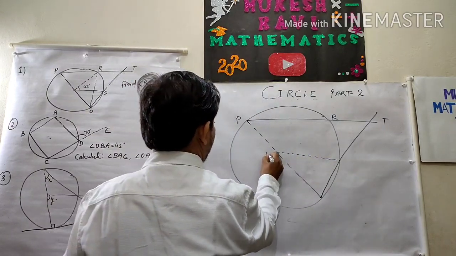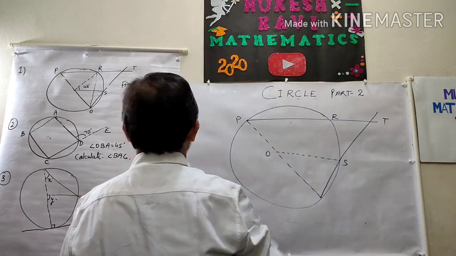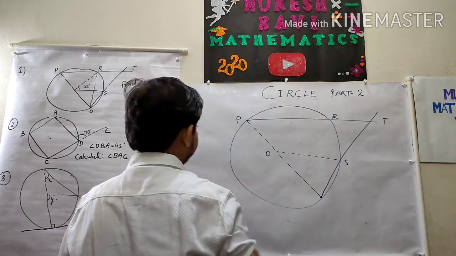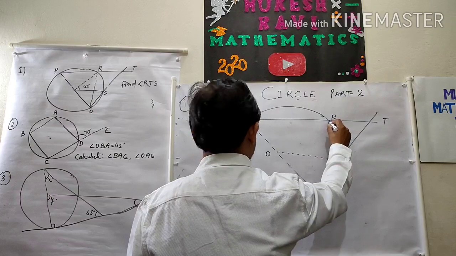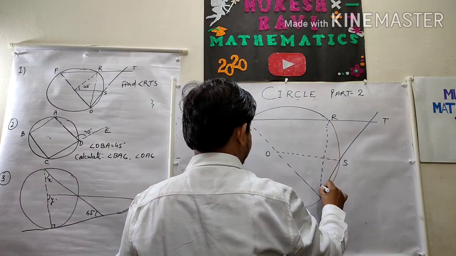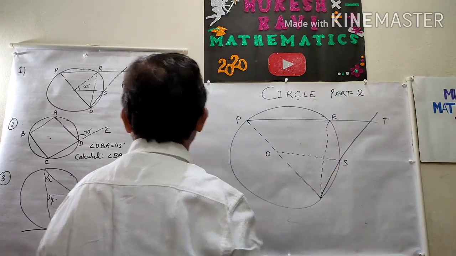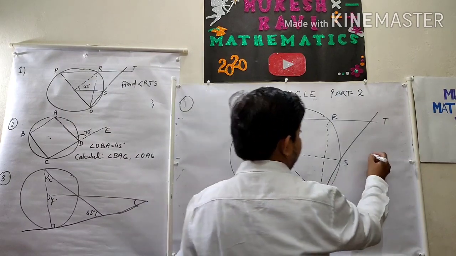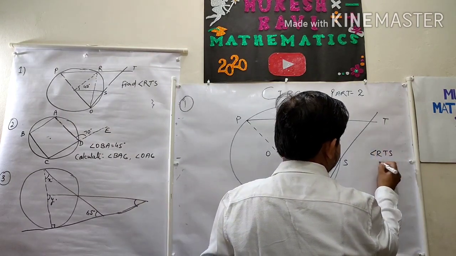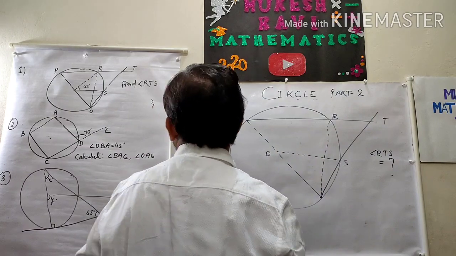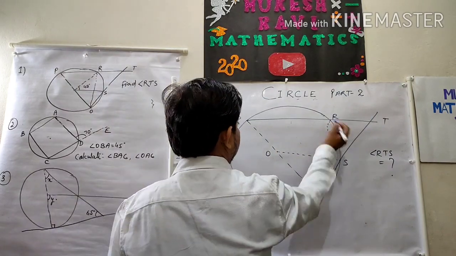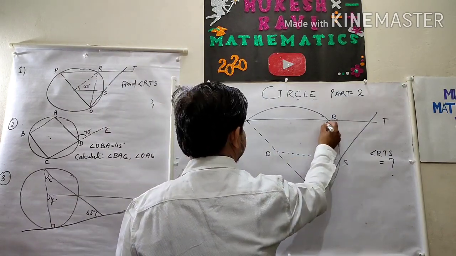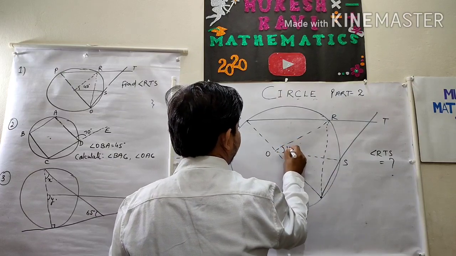Okay, so this is O, S, and here R. Fine, and then we will join. We have to find angle RTS. Angle RTS is equal to what? First of all, if you see in the question, it is given this is 42 degrees.